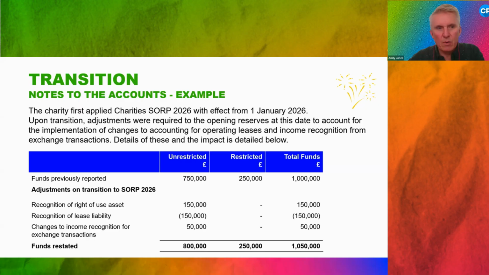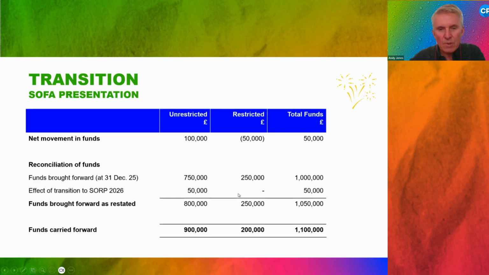Moving that over to what it looks like in the statement of financial activities. Your current year activity, income and expenditure will obviously all be accounted for under the new SORP. You'll get down to your net movement in funds. And then at the bottom of the SOFA, there's always the reconciliation of funds.